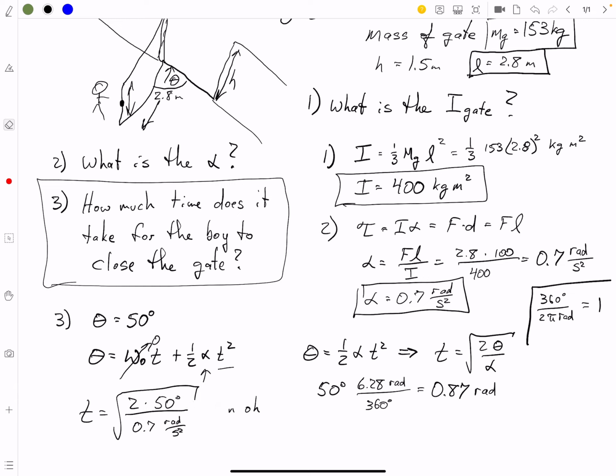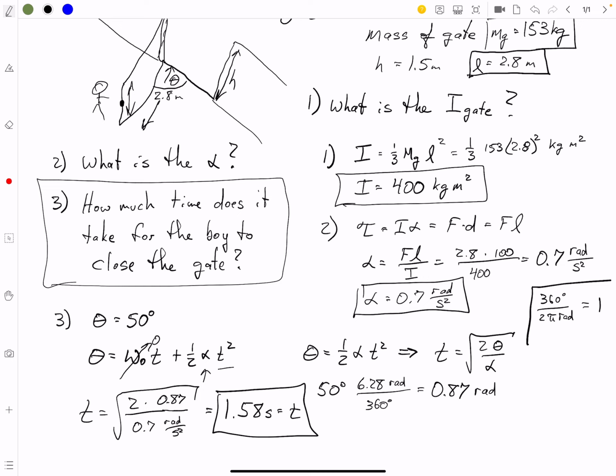We'll erase this, and we'll get back to 0.87. And then we'll take the square root of all of that. So again, calculator time. And we've got 1.58 seconds equals our time.